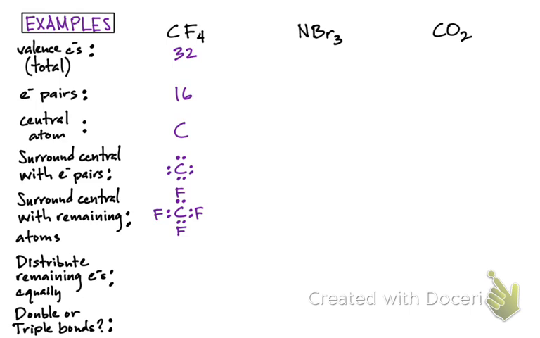Then we're going to surround the central atom with the terminal atoms, right? The remaining elements, which in this case are 4 fluorine atoms. The next step is to distribute the remaining electron pairs around the terminal atoms, and we have a total of 12 pairs to distribute.